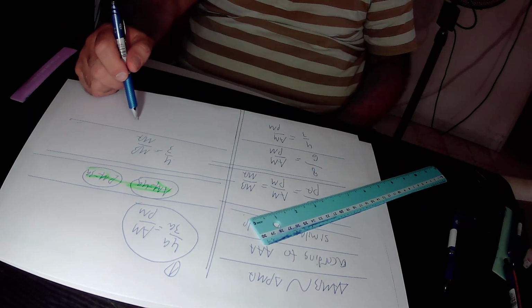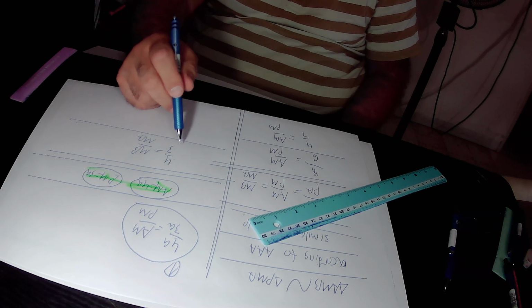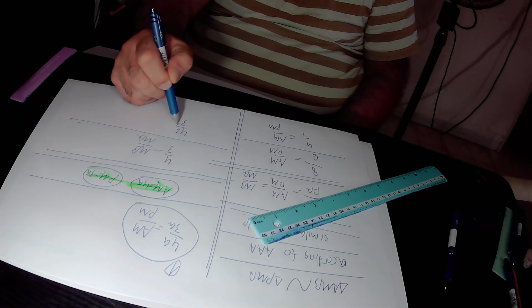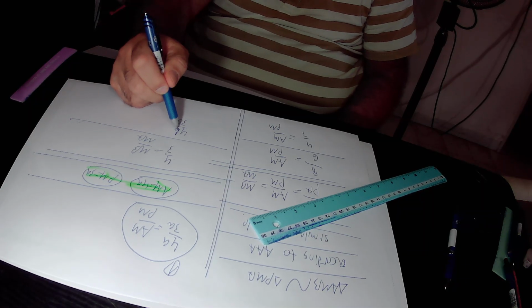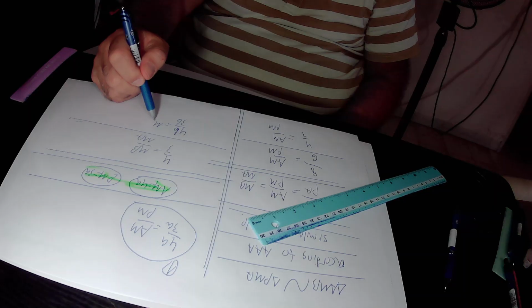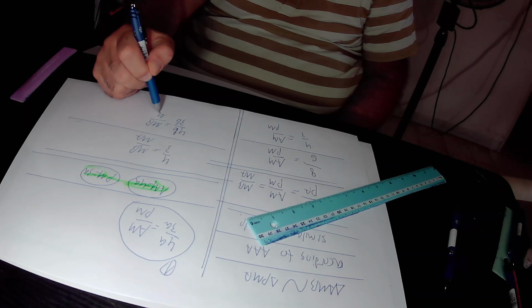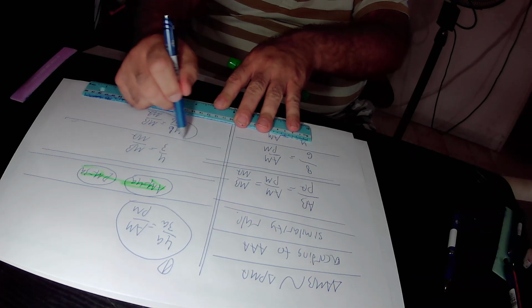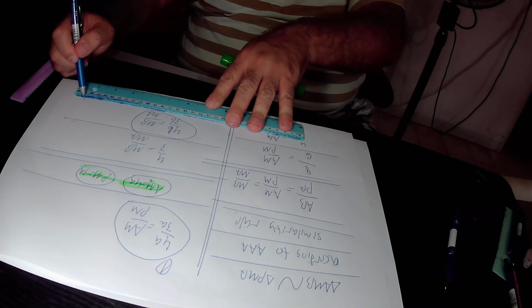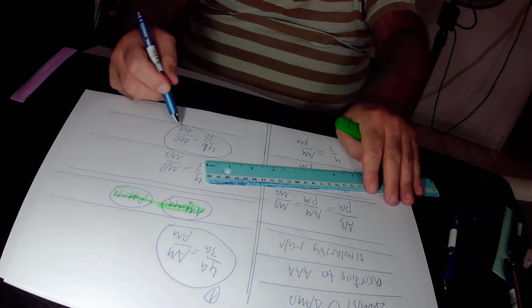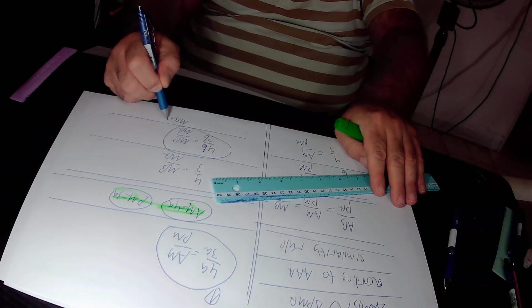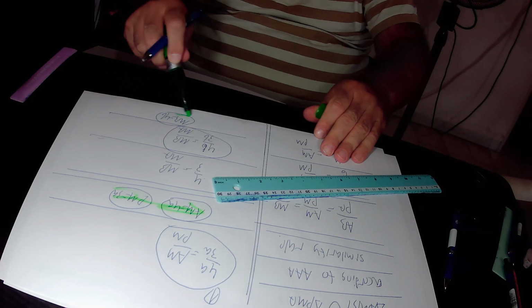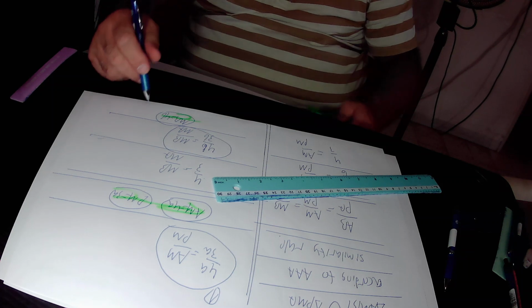Here we will multiply both the numerator and the denominator of this number by B, and we get that 4B over 3B equals MB over MQ. What is the meaning of this equation? The meaning of this equation is that if MB equals 4B, then MQ must be equal to 3B.